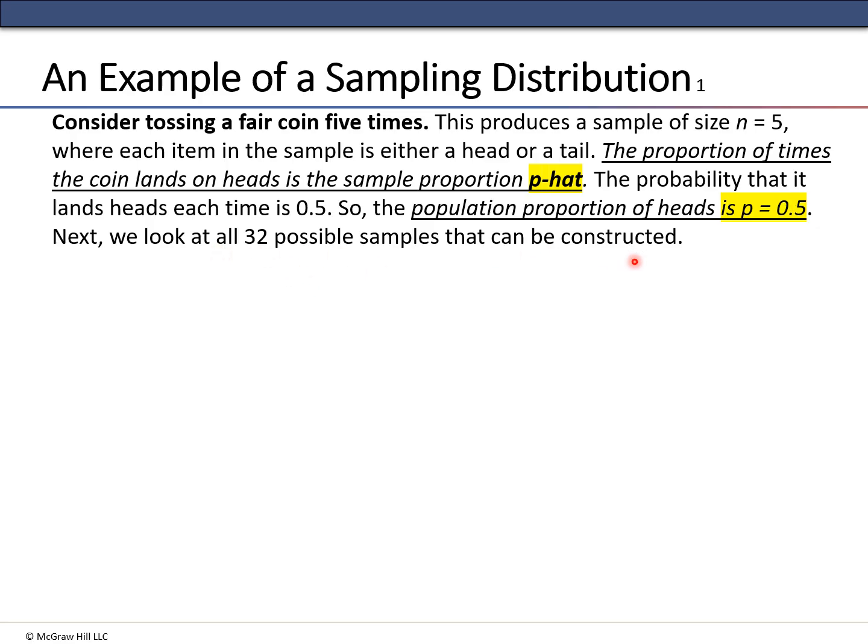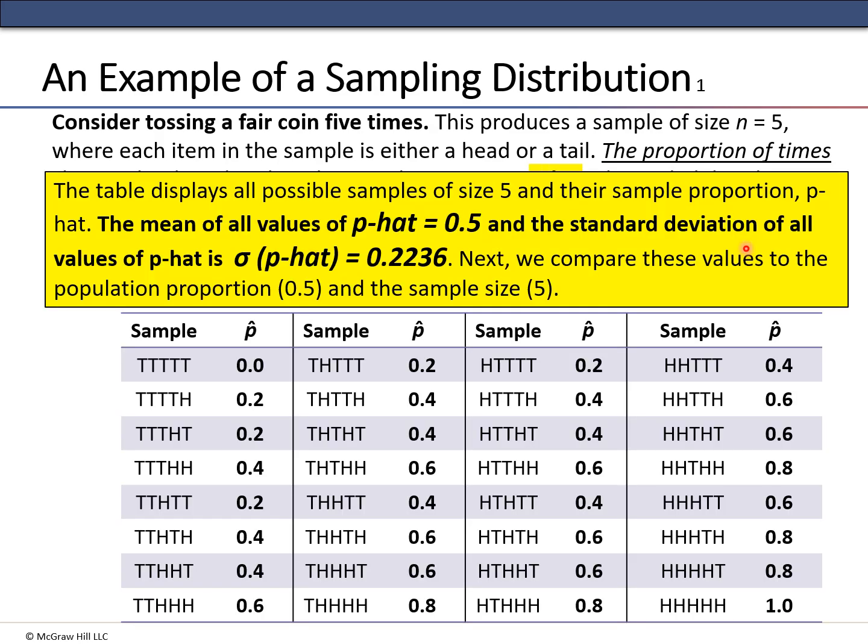Next, we look at all 32 possible samples that can be constructed. So again, we've seen this before with our tree diagrams. Here we're flipping a coin 5 times. So the first thing we could get is tails, tails, tails, tails, tails. Well, our proportion is the number of heads that we get, right? So we have 0 heads over 5 flips.